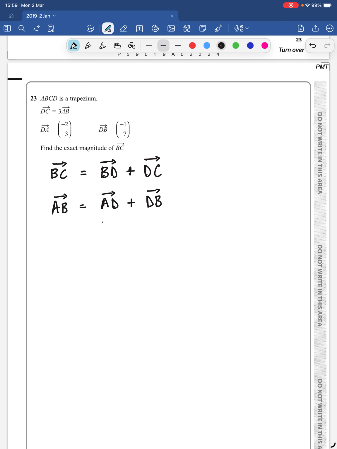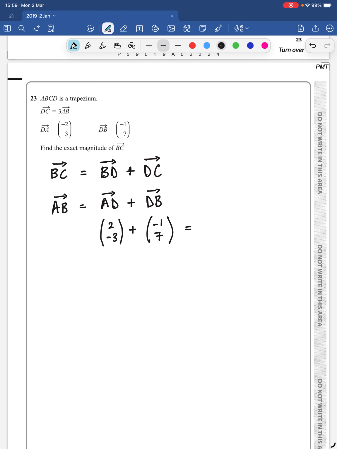And we can find that quite easily because we've got DA. If we negate it, element-wise, we get (2, -3) instead of (-2, 3). That's therefore the other way. And DB we've got is (-1, 7).